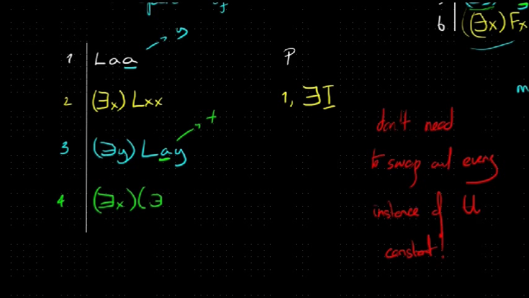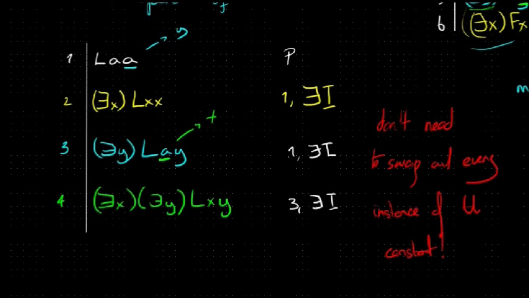So we're going to get EX, EY, L XY. And there we go, we've done an existential introduction in 2 cases. So the justification here would be, again, 1 existential introduction, and then this would be 3 existential introduction.